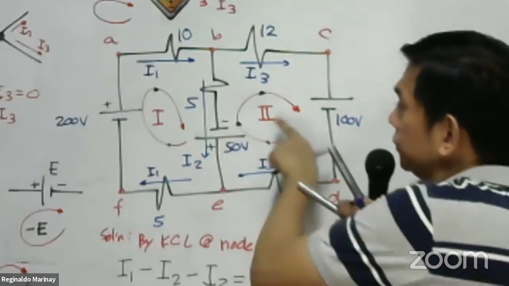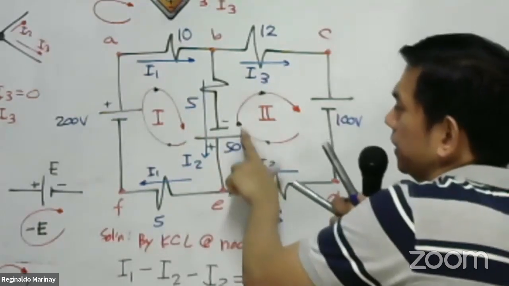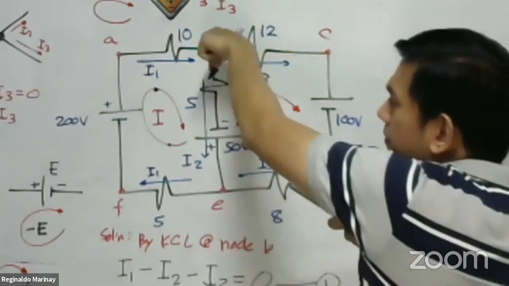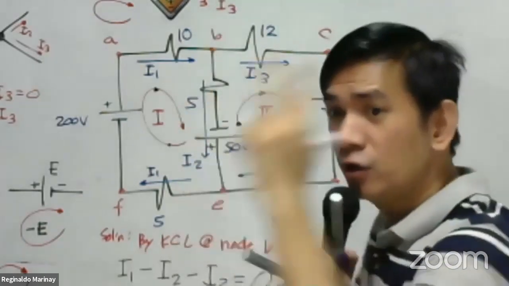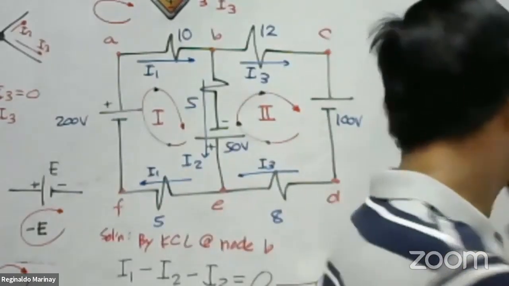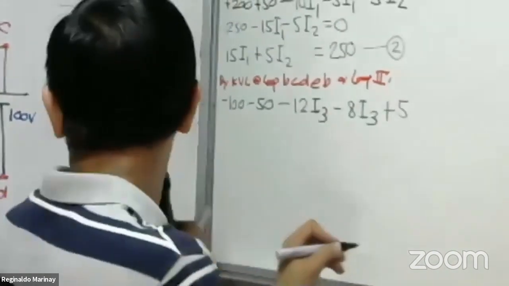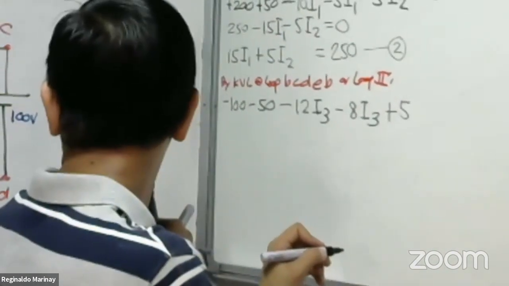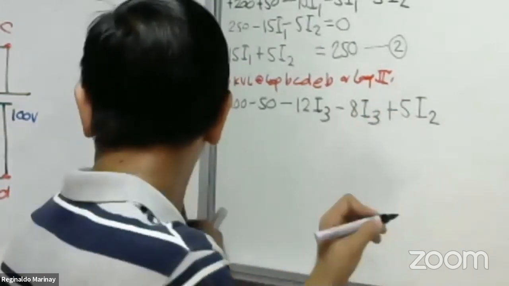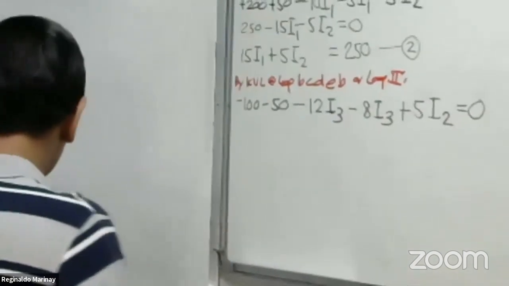If the circuit tracing is going upward, and the current I2 is downward, upward, downward, two directions, two lines, meaning it should be positive. So that is 5 I sub 2, equal to 0.